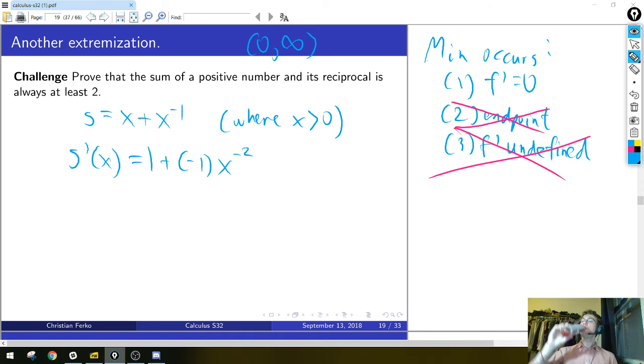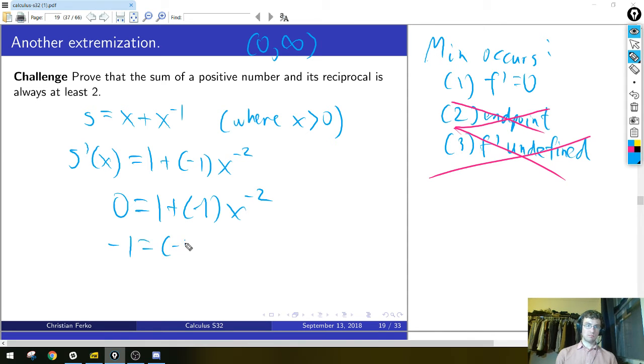So we see that 0 equals 1 plus -1 x to the power of -2, or -1 equals -1 x to the power of -2. Okay, what value of x is that? Something that results in x to the power of -2 being 1. Good, so 1 over x squared equals 1. This has two solutions.